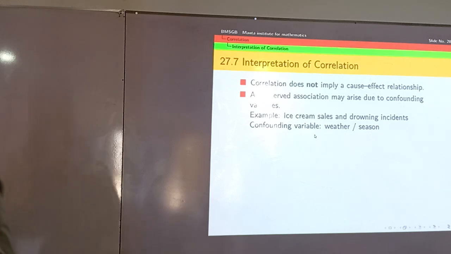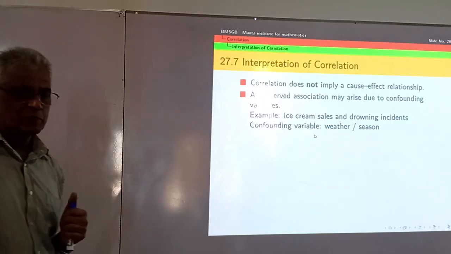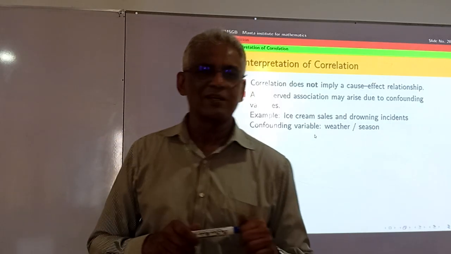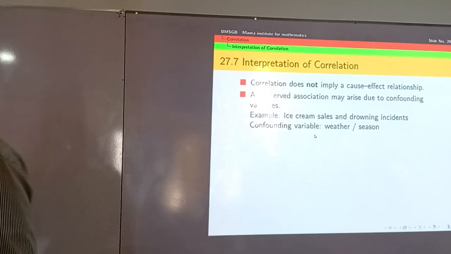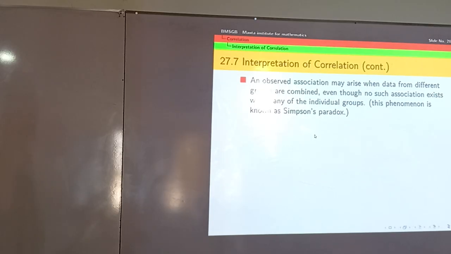That was only because of the high temperature. When you have high temperature, ice cream sales go up. When you have high temperature, more people tend to go swimming, and many people can drown because of that. So that's a spurious association caused by a confounding variable in that case.